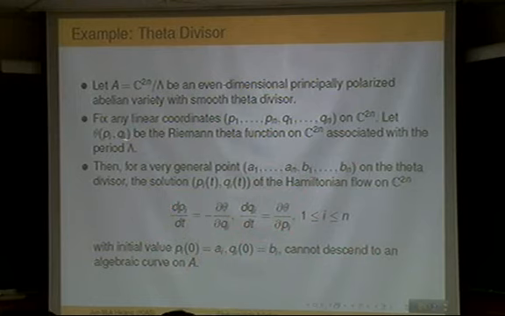This is how you write down the characteristic foliation in terms of the defining function, as a Hamiltonian flow. I wrote it down because this is a very explicit situation. You are given an explicit entire function, and you can explicitly write down the differential equation, and you are interested in whether the solution of this differential equation descends to an algebraic curve or not. And here the theorem says that it does not. Although this is a very explicit statement, I don't think it's known before.